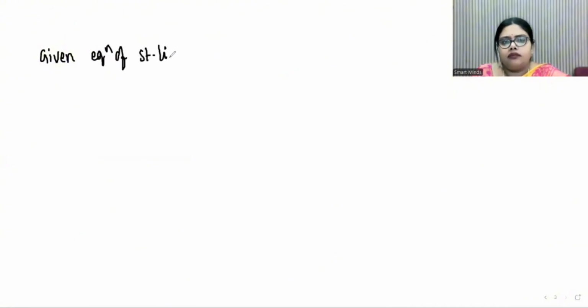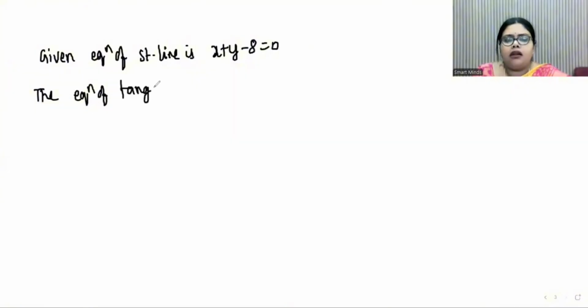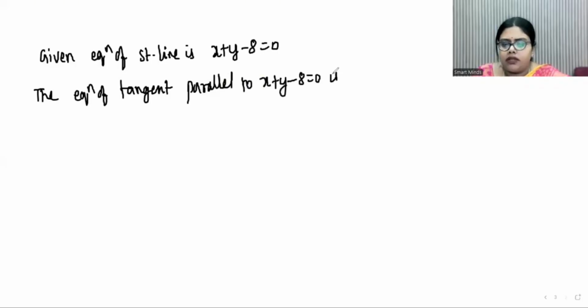Given equation of the straight line is x plus y minus 8 is equal to 0. Now what is the equation of tangent which is parallel to this line? Parallel to x plus y minus 8 is equal to 0 is x plus y plus k is equal to 0. This is equation number 1.